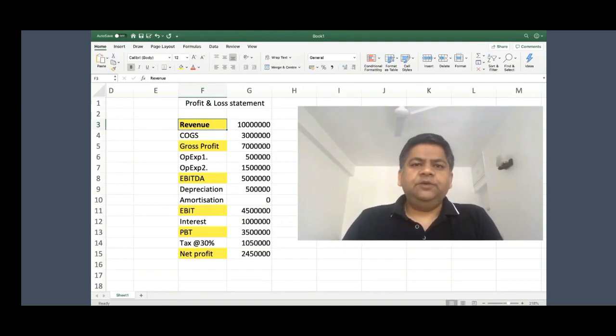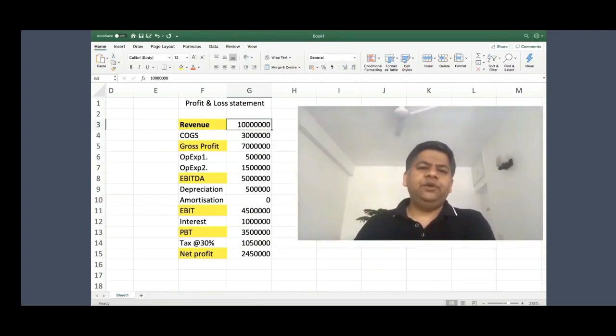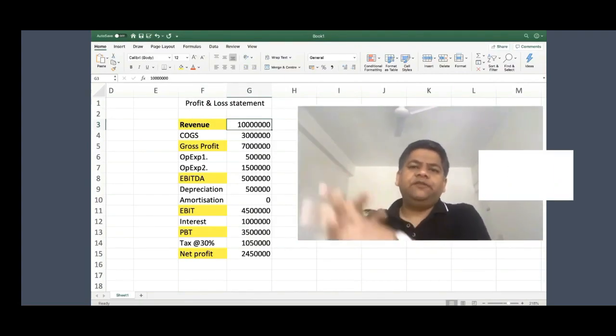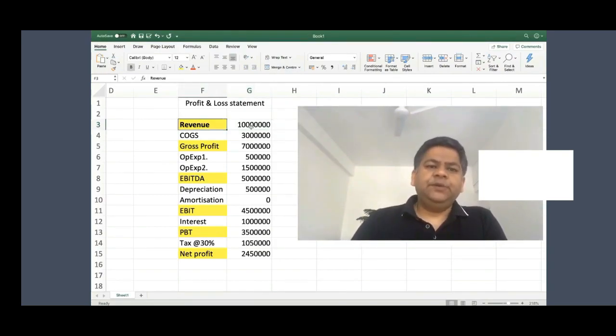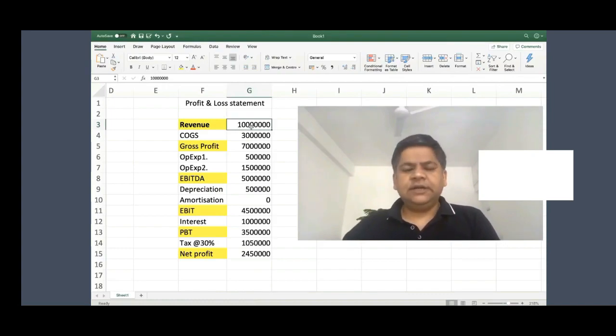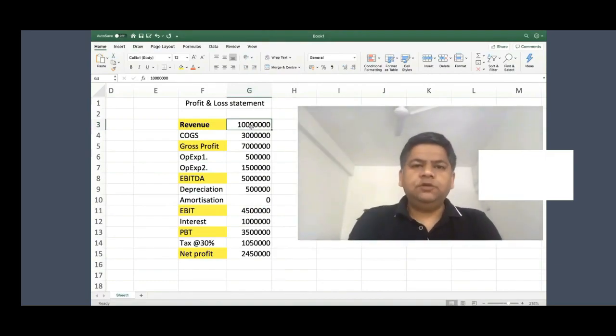So revenue is something you have to always keep in mind. Like, okay, I made 1 crore revenue for my shoe manufacturing company, right? So 1 crore revenue is the total number of shoes you have sold, you generated a revenue of 1 crore.